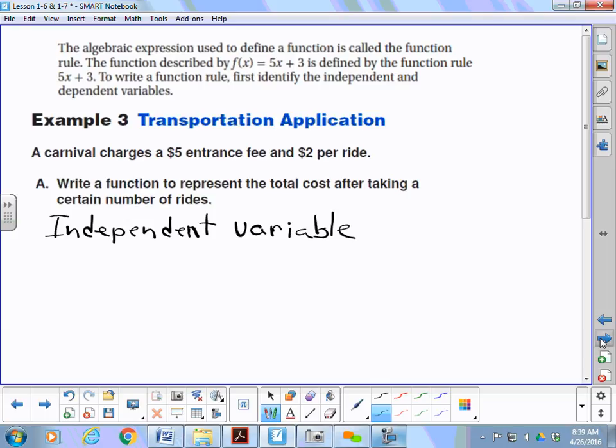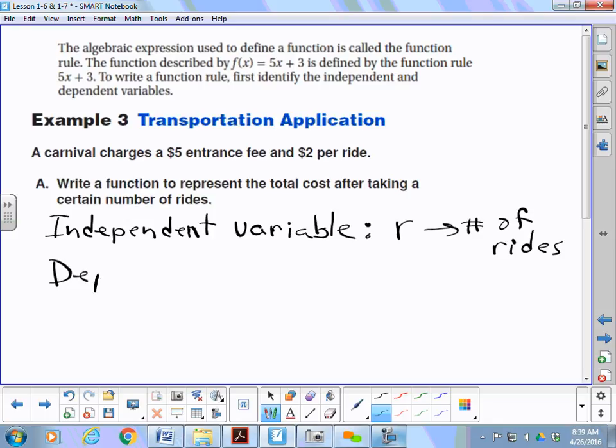Okay, so that's our independent variable. So we're going to use R for our independent variable, and that means the number of rides. Okay, R will be our independent variable, and it stands for the number of rides.